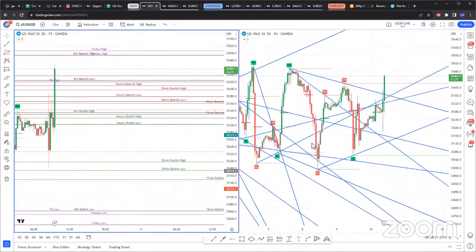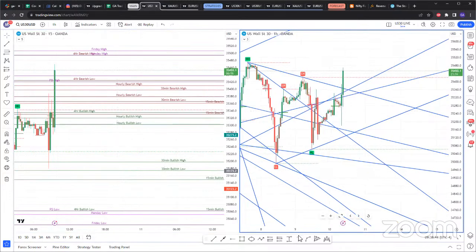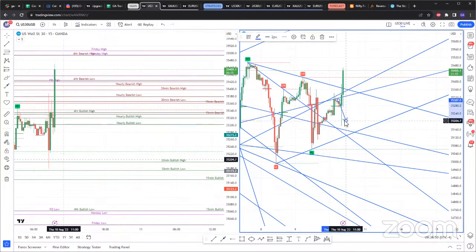Also, what my bias for US 30 at that point, so this was during NFP. Actually, if I had taken it, it would be against my bias, because I was expecting it to go this way.